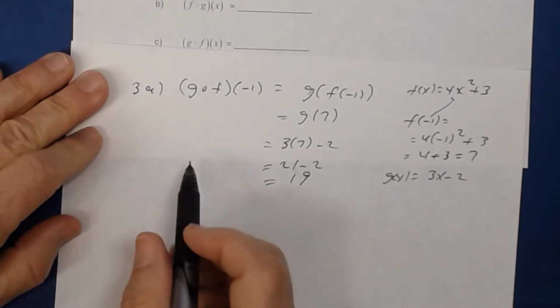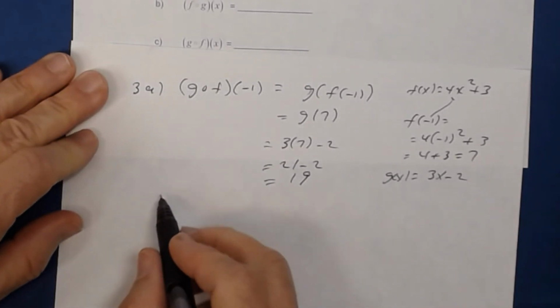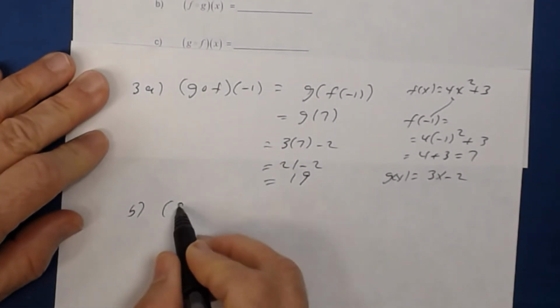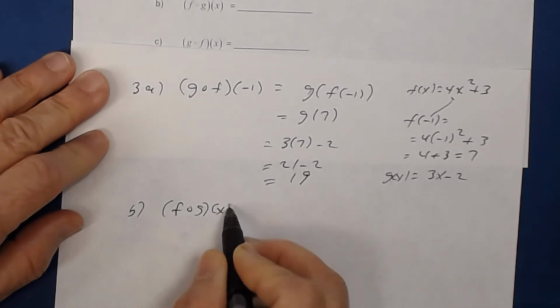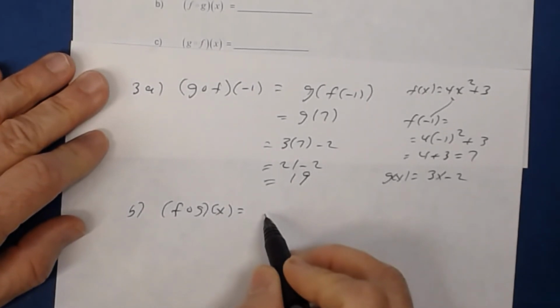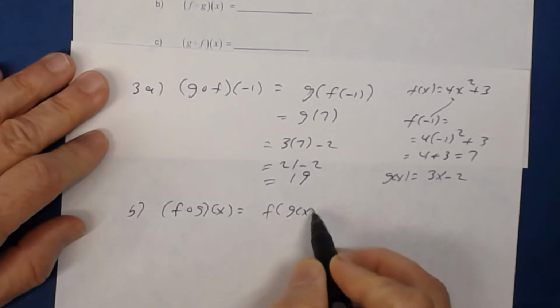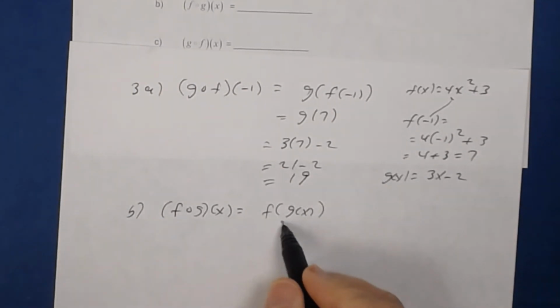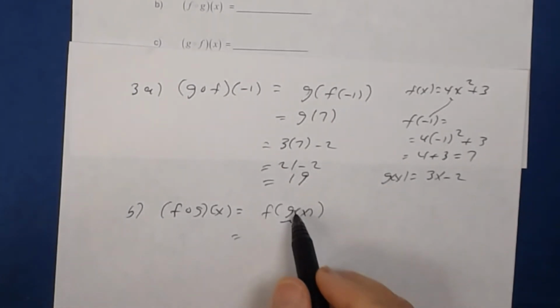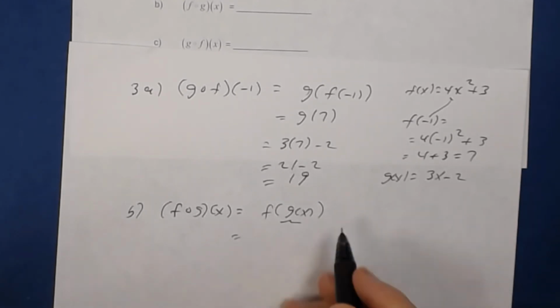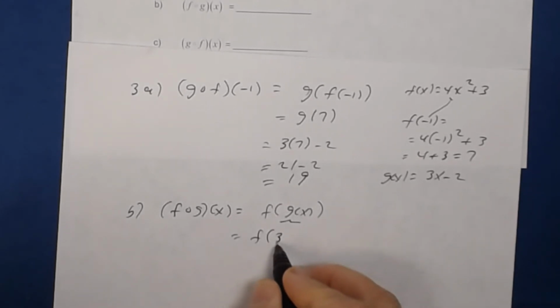All right, part B, you want to find a composition at the variable x. So you want to find f composed with g at x. By definition, that's going to be f of g of x. g of x is 3x minus 2. Now you have to find f of 3x minus 2.